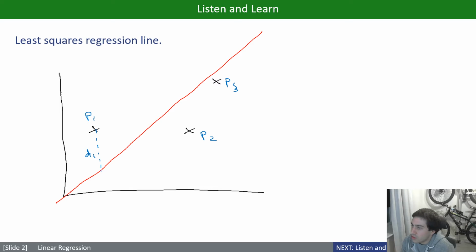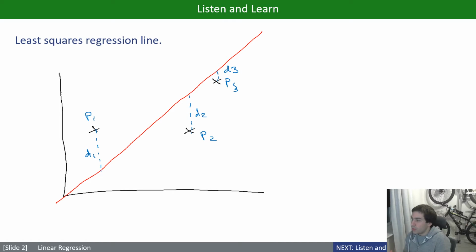Let's call it D1. So that's the literal distance between the point and the line. Likewise P2, let's call that D2. They're all positive numbers. Well, no, I take that back. In fact, you'll see in a moment it doesn't matter whether you consider them positive or negative. But they are effectively the displacement or distance of the point from the line.